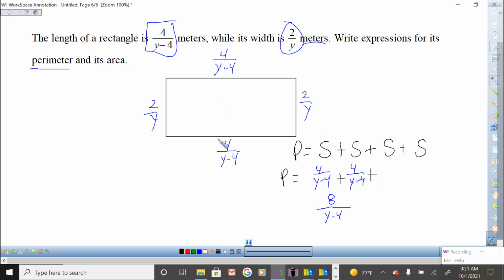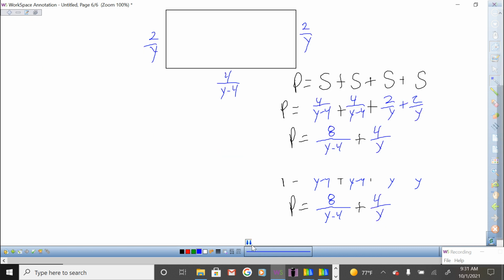Plus, now let's go with the other two. 2 over y plus 2 over y. Now tell your neighbor the sum for those two. 4 over y. Yes. All right. But now we have a dilemma. We need to add these two.